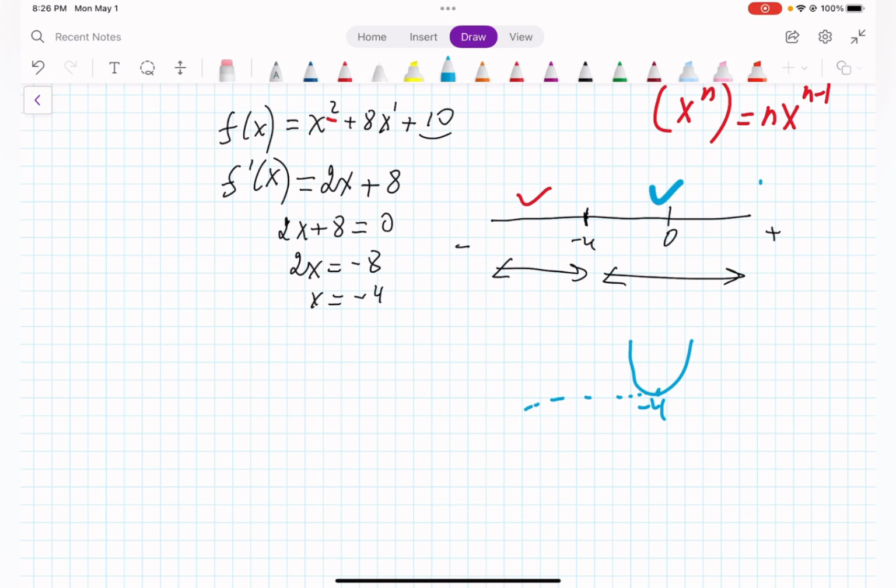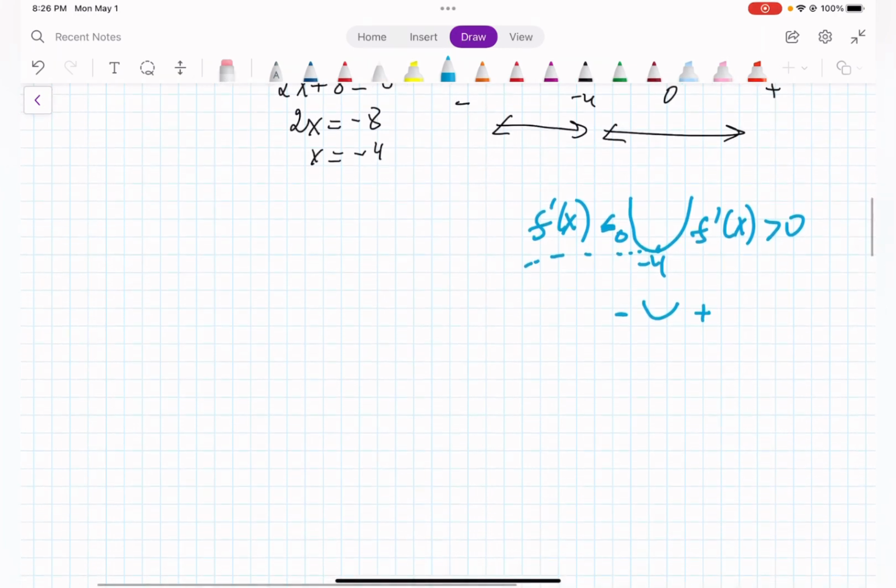If f prime of x is less than 0, or negative, here, and here I get f prime of x greater than 0, then I can see I'm moving from negative to positive, which means I'm having a minimum.